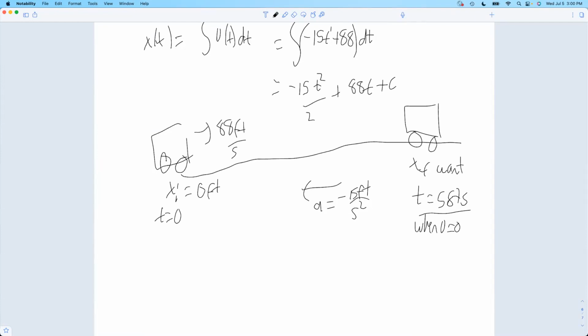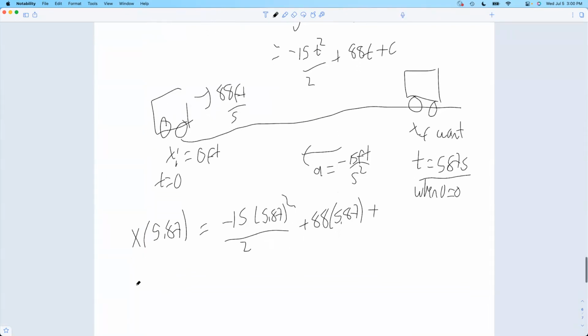Okay, so all I'm doing here, I know the time, just plug in. X of 5.87 would be -15 times 5.87 squared over 2 plus 88 times 5.87 plus, oh, we need to solve for c.